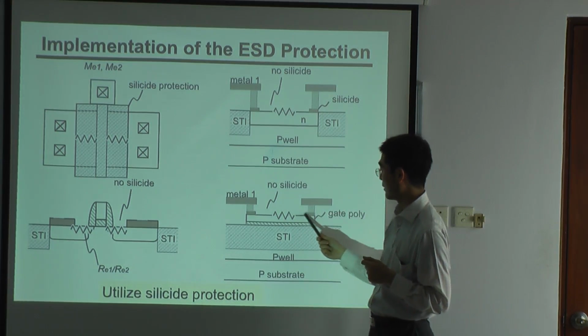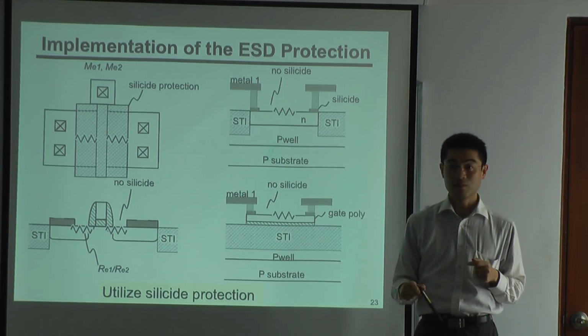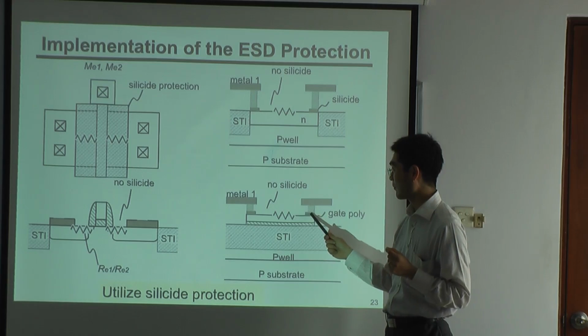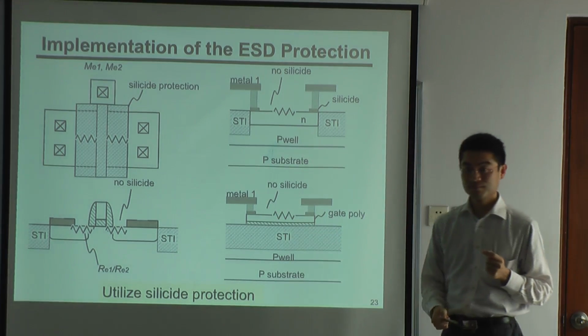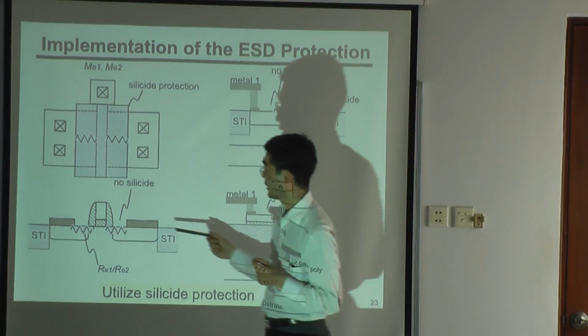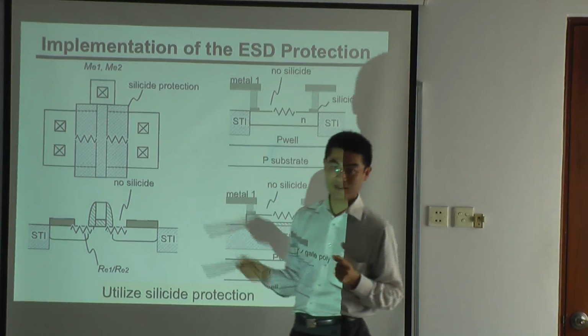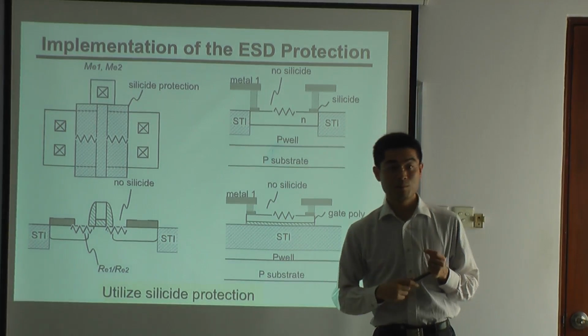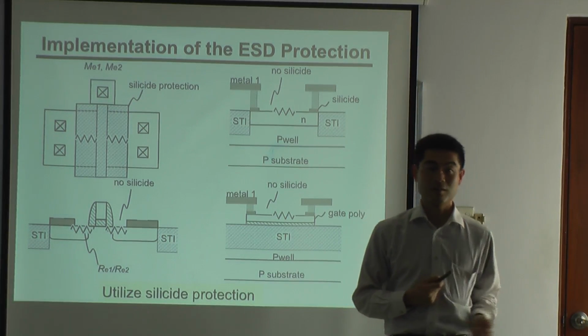Or we sometimes have gate poly as a resistance. We could use gate poly without silicide. So anyway, for ESD, we use a silicide protection layer to make the resistance to protect against ESD.